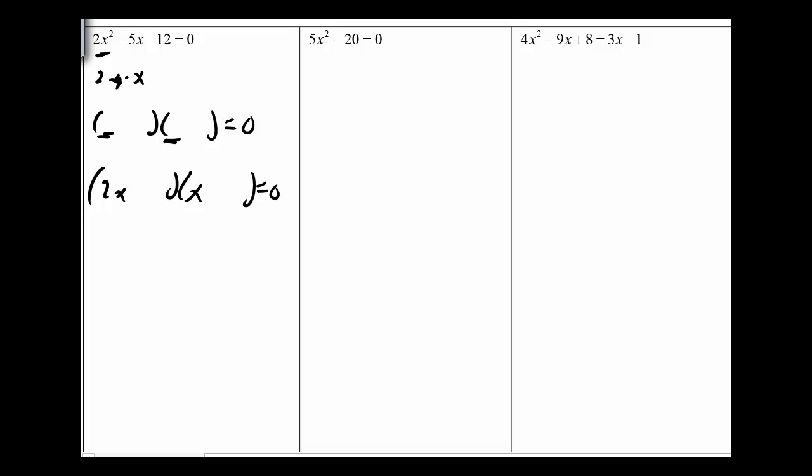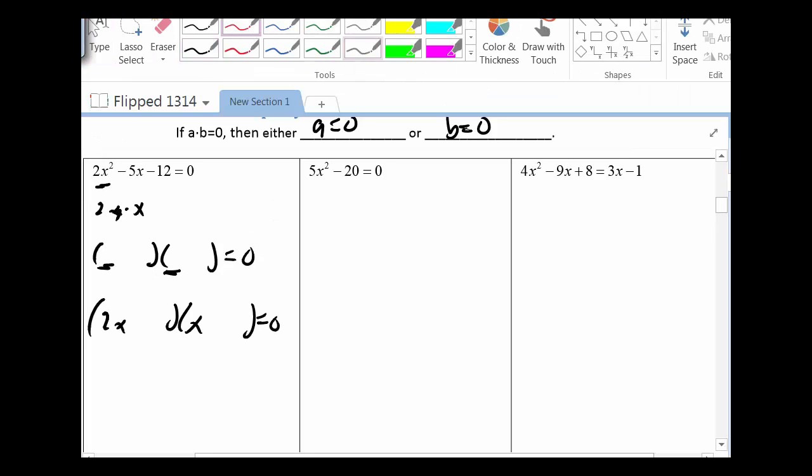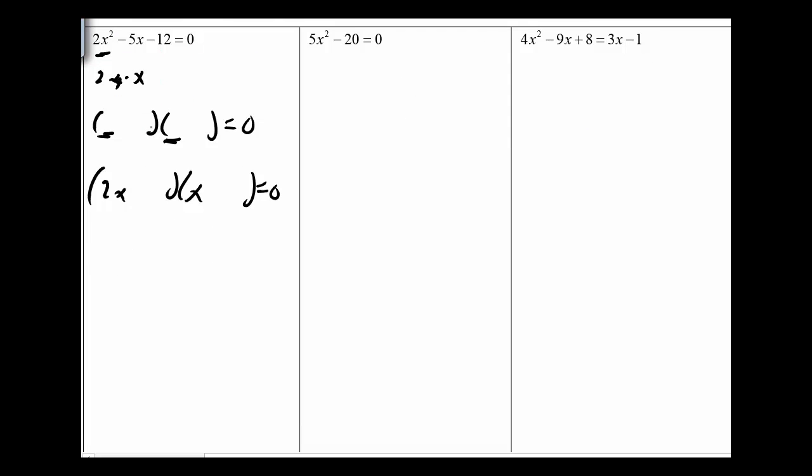Now this other part, where does it come from? I'm just going to play with some colors here for a second. If I can factor it, where do I see that number from? That comes from the negative 12. So I'm just going to think for a second. What are some numbers that I can multiply to get negative 12? Well, I can do negative 1 and 12. I can do negative 2 and 6.